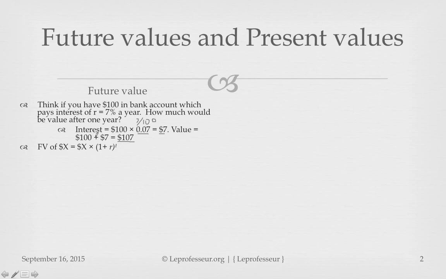So here, let's say future value of $100 would be $100 multiplied by 1 plus interest rate 0.07 to the power 1, which is equal to 107.